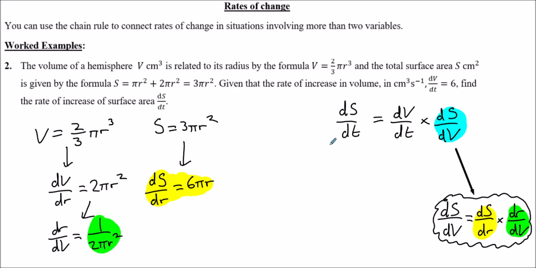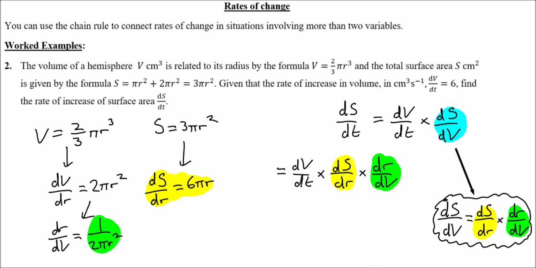So dS by dt we can now piece together. It's going to be dV by dt multiplied by dS by dr multiplied by dr by dV. So sometimes you can even chain more than 2 things together. So we've got the ingredients, now it's just a case of chaining them.